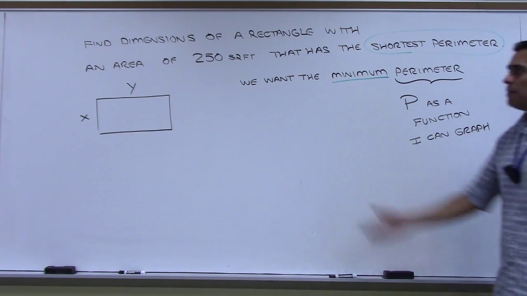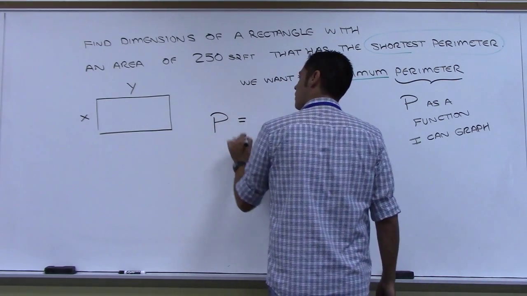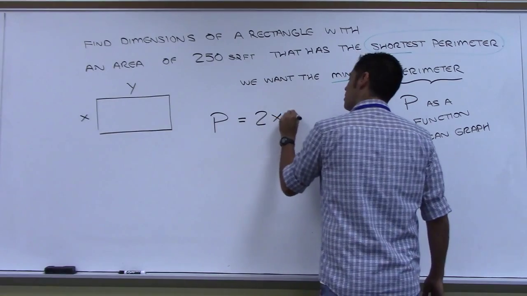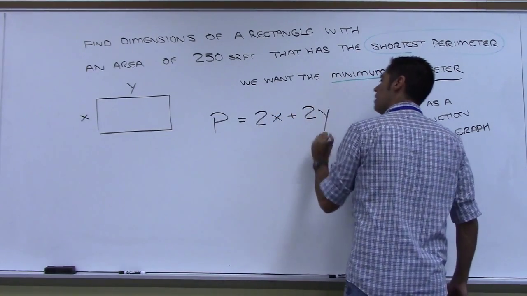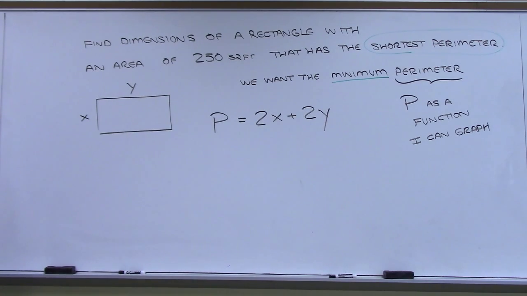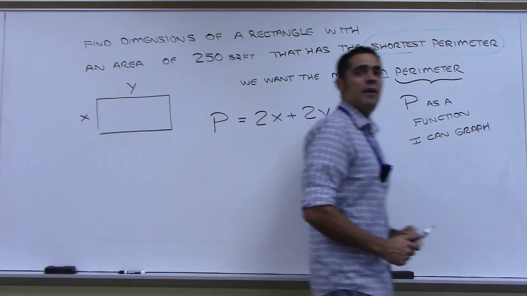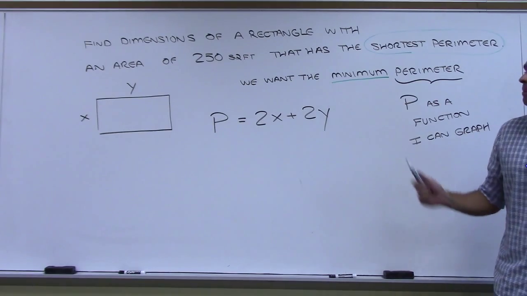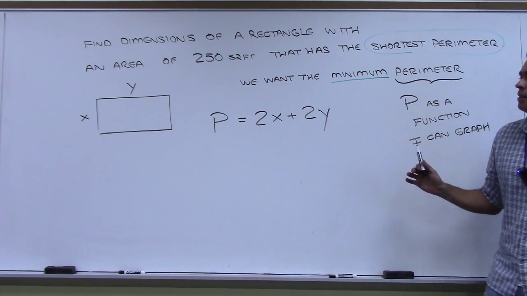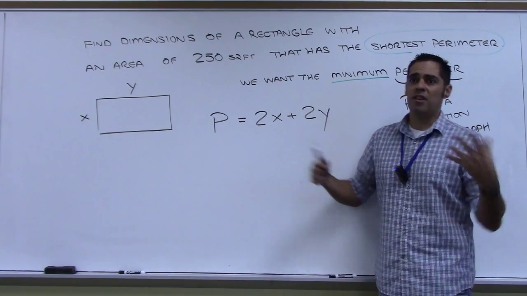So let's see. From this picture, what is the perimeter by definition? P equals 2x plus 2y. Agreed? That's what the perimeter is. The problem with this, as it sits, is that the P is not a function I can graph. Because to graph it, I need it to be a function of a single variable, right? Like just x's.